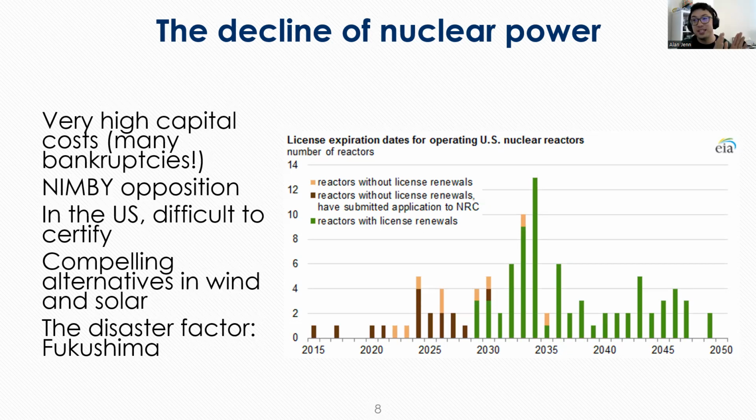Even though, technically speaking, nuclear plants are by far one of the safest power generating resources. In fact, in terms of deaths per amount of electricity that you produce, I think nuclear is far and away the best.